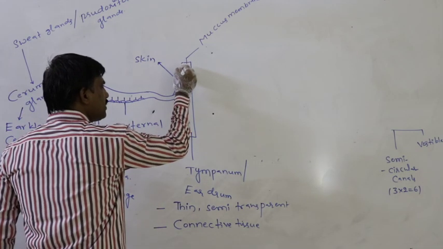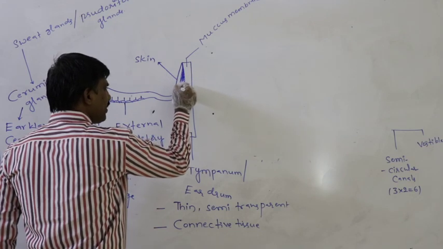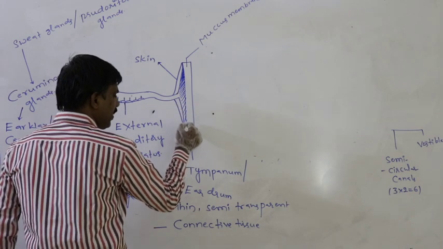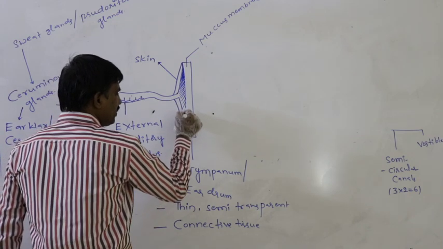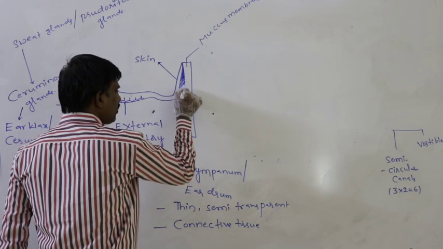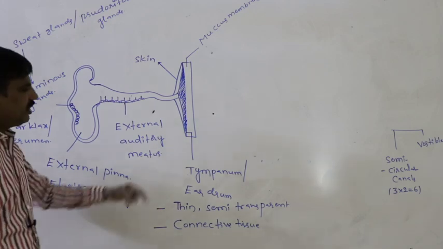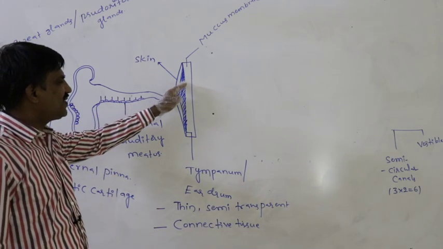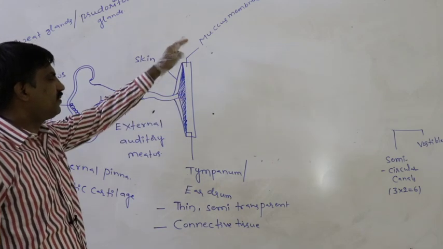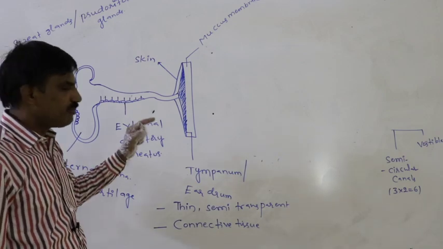Overall this tympanum is principally made up of connective tissue. The outer surface of this tympanum is covered with skin, and the inner surface of this tympanum is covered with mucous membrane.